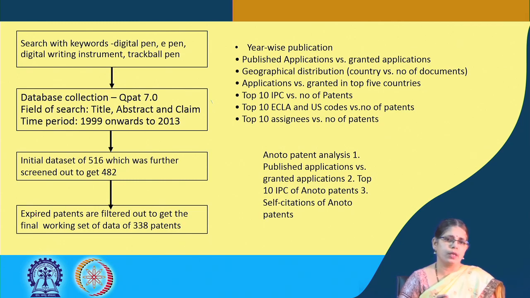Out of these 482, if one is looking at only the area of grants and publications, then that data set can be separately taken out, which means those patents which are no longer in force are not counted. And then you get a further smaller set of about, in this case, 338 patents.